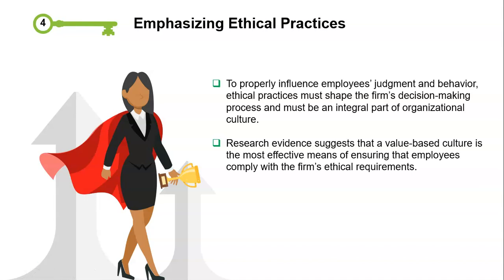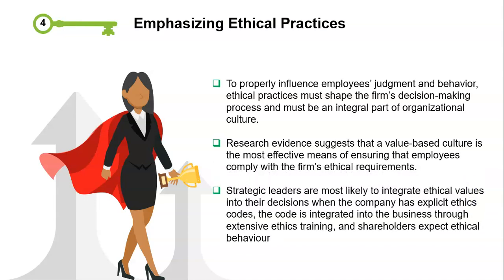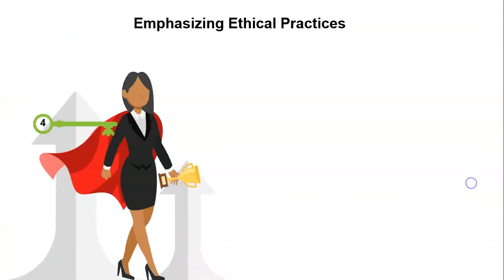Research evidence suggests that a value-based culture is the most effective means of ensuring that employees comply with the firm's ethical requirements. Strategic leaders are most likely to integrate ethical values into their decisions when the company has explicit ethics codes. The code is integrated into the business through ethics training, and shareholders expect ethical behavior.